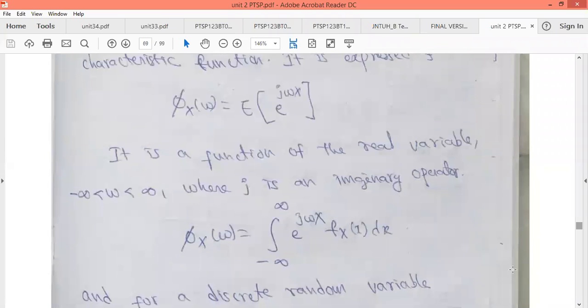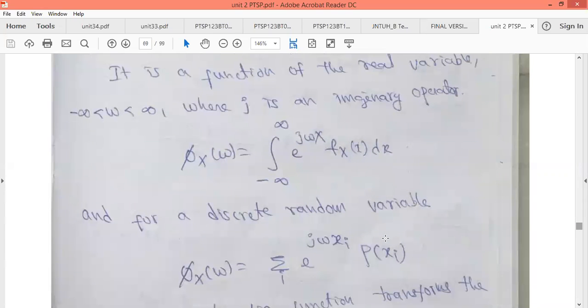Here omega is a real variable, its value varying from minus infinity to plus infinity. Using the expected value formula, phi_X(omega) is the integral from minus infinity to plus infinity of e power j omega x f_X(x) dx.